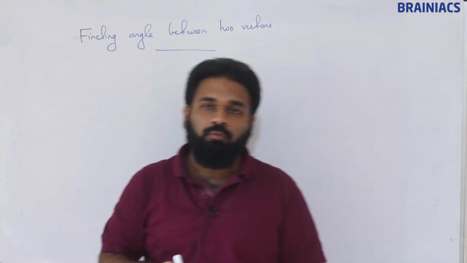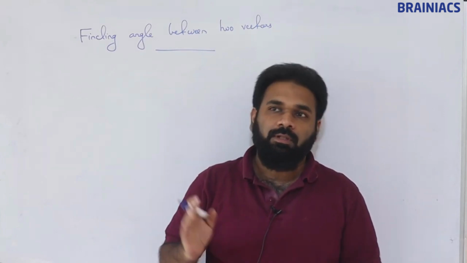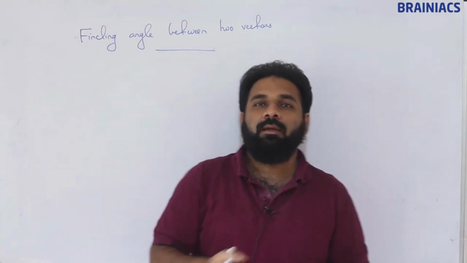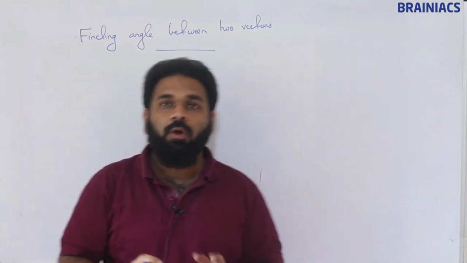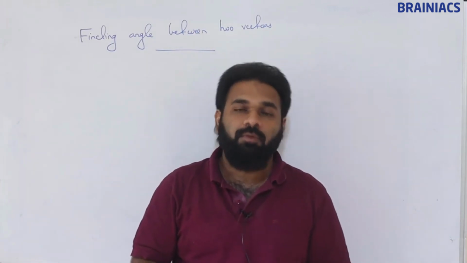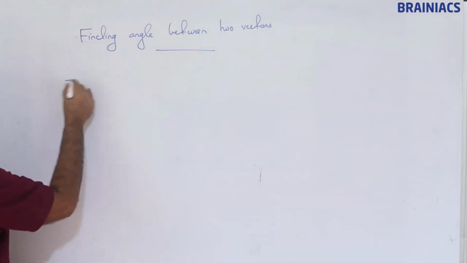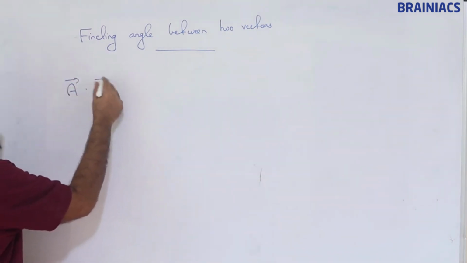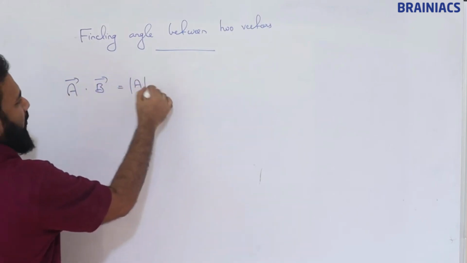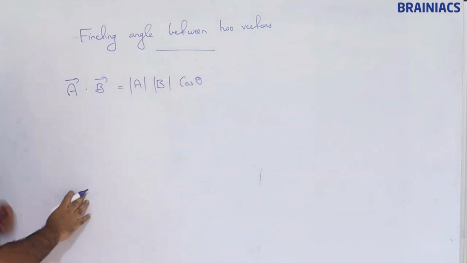Finding angle between two vectors. These type of questions we used to see commonly. The two vectors will be given. What is the angle between two vectors? So the dot product concept can be utilized for finding the angle between two vectors easily. Suppose vector A dot vector B is nothing but mod of vector A, mod of vector B into cos theta.